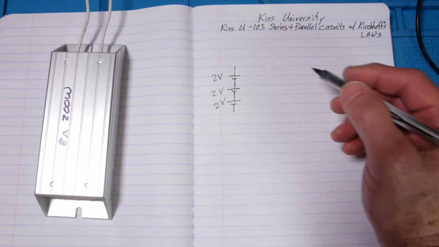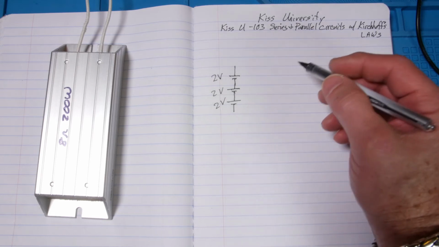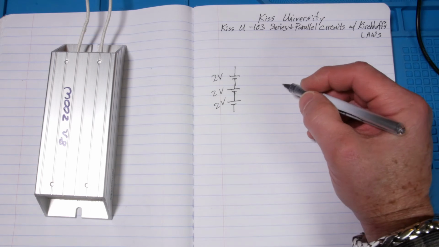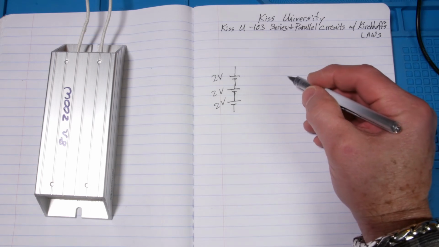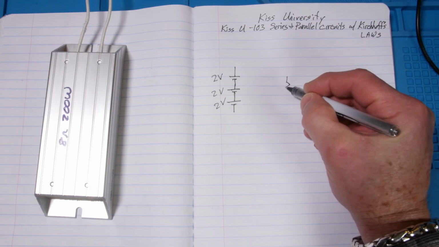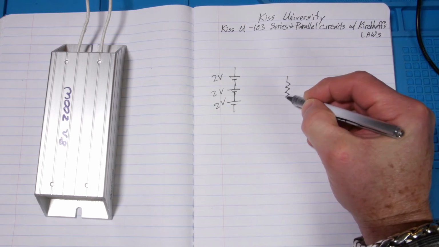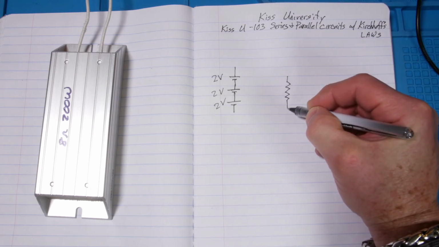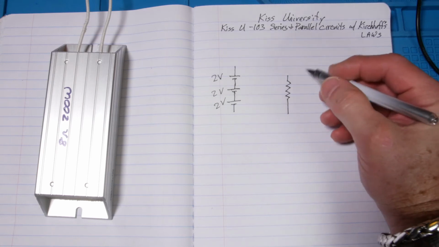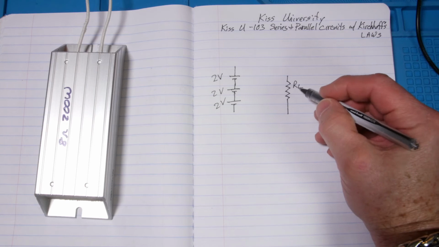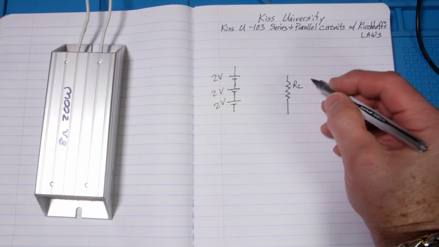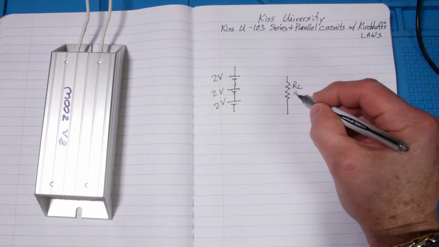So I'll tell you what we're going to do, we're going to power this car radio, which I'm going to show as a resistor. Okay, that's our load. It's just our stereo, okay?